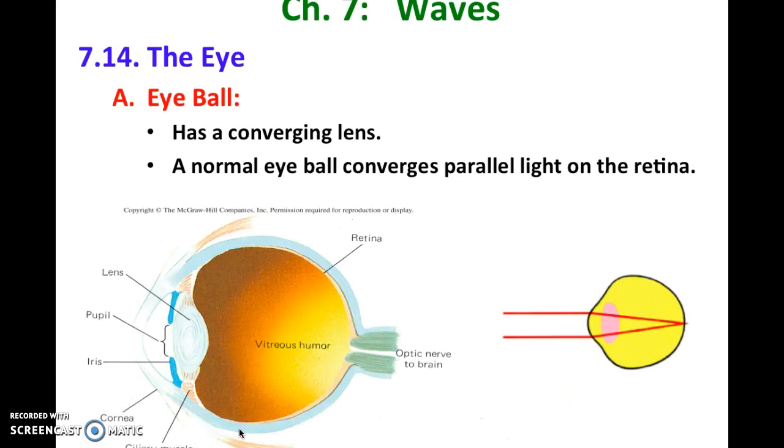Like a camera, an eyeball has a convergent lens. A normal eyeball can converge parallel light on the retina. Well, a clear image is formed. That's why I can see objects.